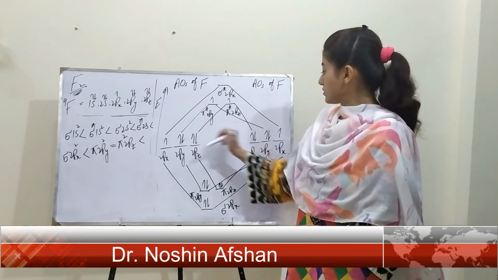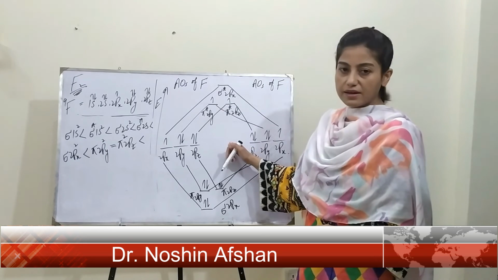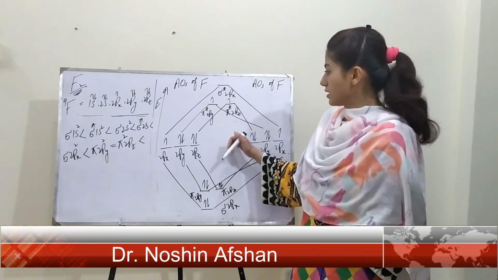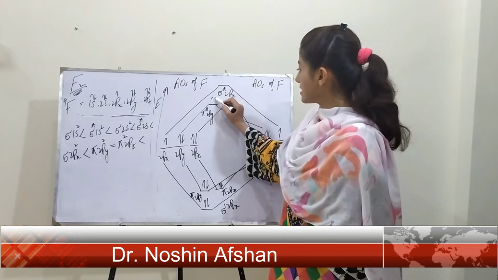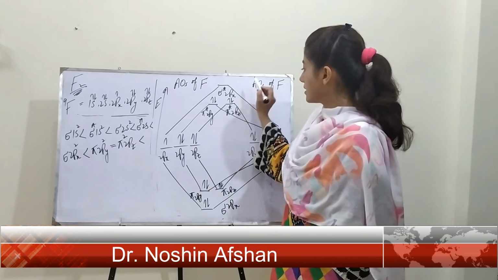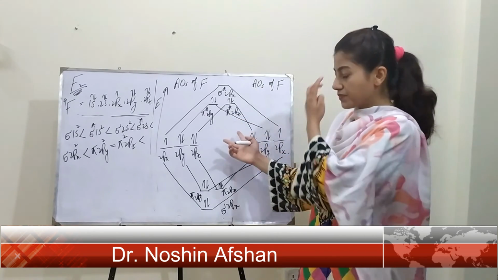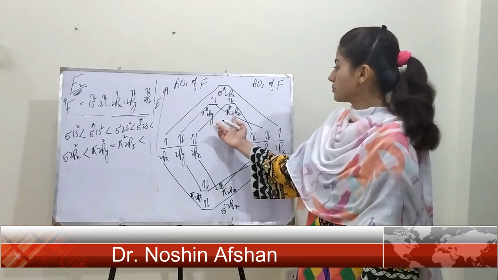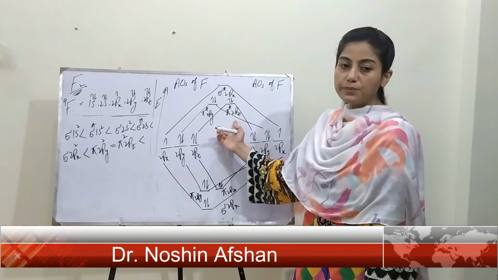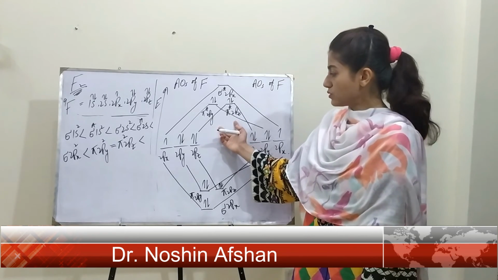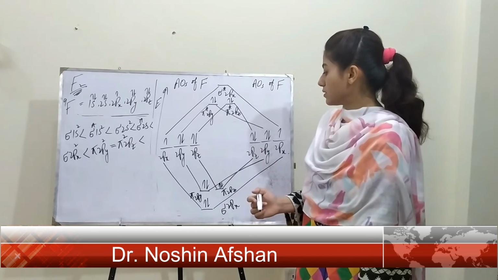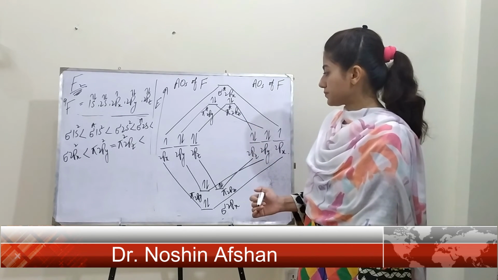Now here the 2 electrons have been left. These would be accommodated in these 2 antibonding molecular orbitals, and these 2 antibonding molecular orbitals would be completely filled. So in this way the number of electrons would be satisfied.